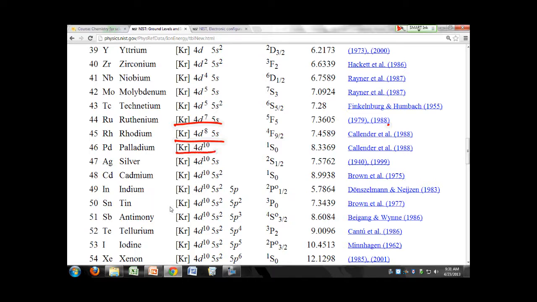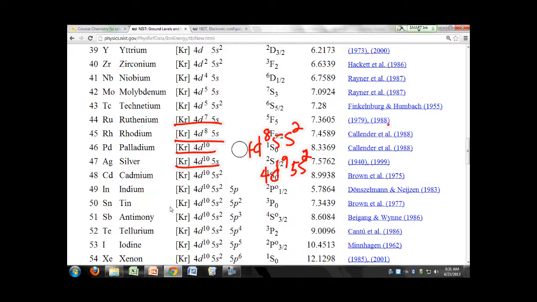Palladium is also an exception. Instead of a 4d8 5s2, it's just 4d10. Silver is another exception. Instead of 4d9 5s2, it's a 4d10 5s1.